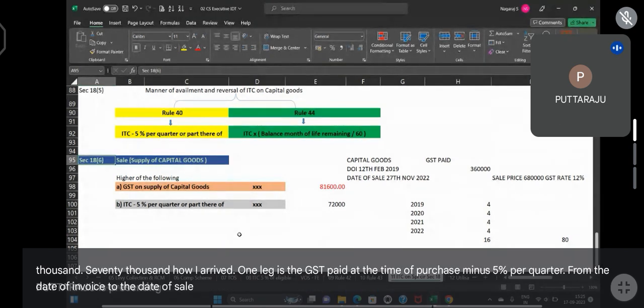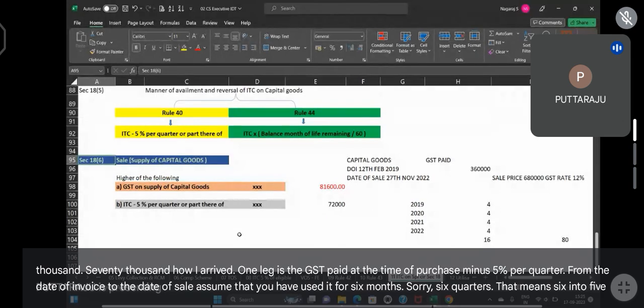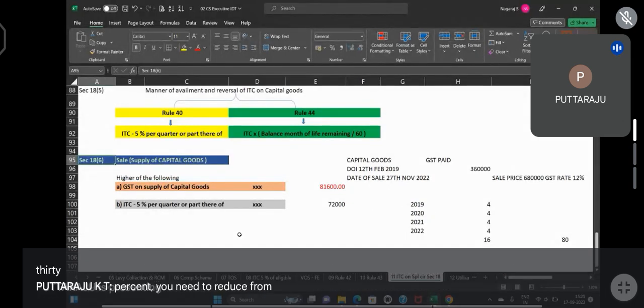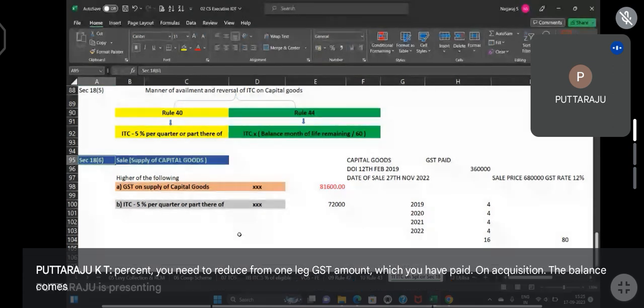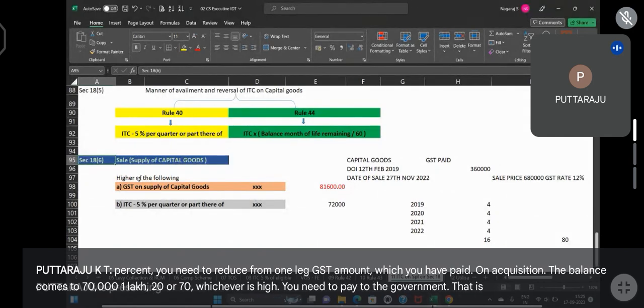Assume that you have used it for 6 quarters. That means 6 into 5, 30% you need to reduce from the 1 lakh GST amount which you have paid on acquisition. The balance comes to 70,000. 1,20,000 or 70,000, whichever is higher, you need to pay to the government. That is what it is.